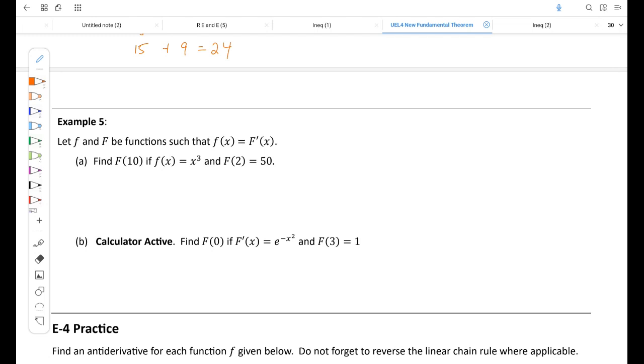We want to find F of 10 if little f is x cubed and big F of 2 is 50. So we can use the fundamental theorem to our advantage here, but it's kind of like we're putting something in the middle. I know that the integral from 2 to 10 of little f of x dx is F of 10 minus F of 2.